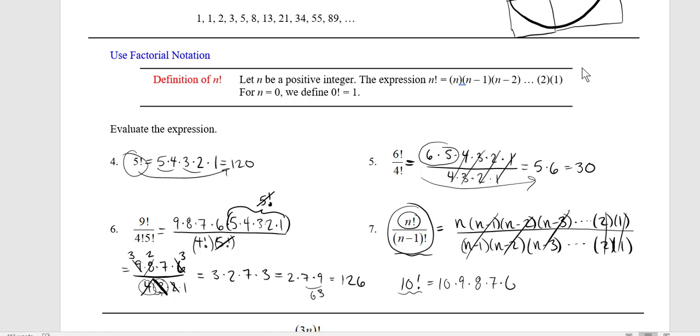Maybe I want to stop here at 6. All I have to do to make this accurate is put a factorial on the one that I stop at. Right, because that 6 factorial picks up the rest of the factors: 6 times 5 times 4 times 3 times 2 times 1. This little trailing end is picked up if I just put a factorial there.